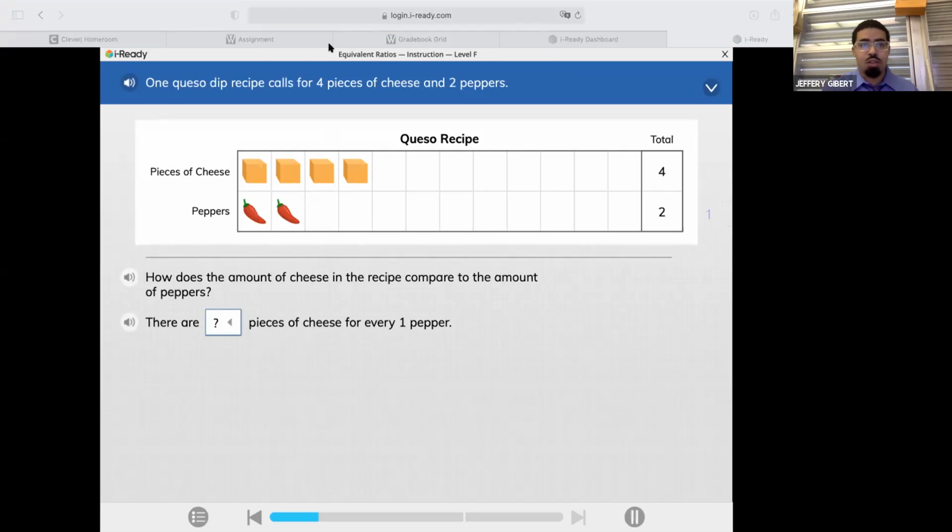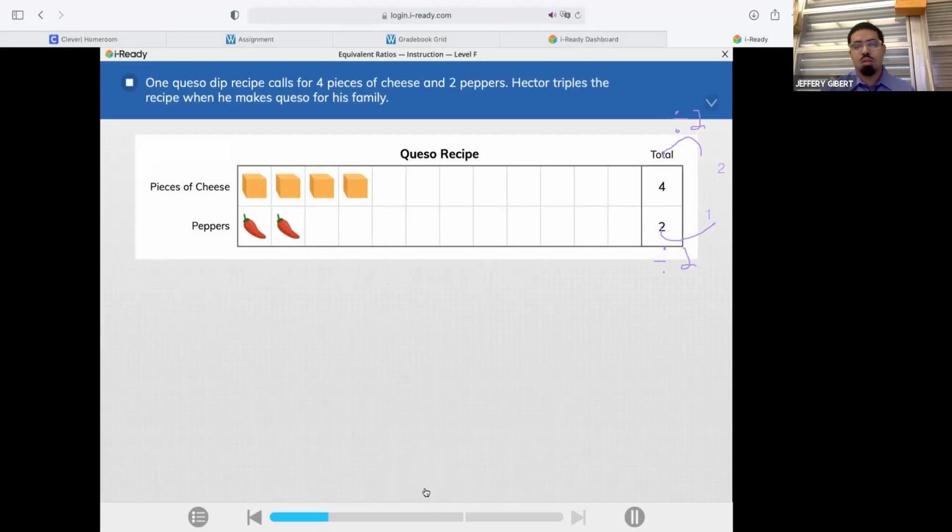So we have to ask ourselves, how did we get from 2 to 1? We divide it by 2. So if you divide by 2 on the bottom to get the answer on the top, you have to divide by 2. And 4 divided by 2 is 2. Well done.